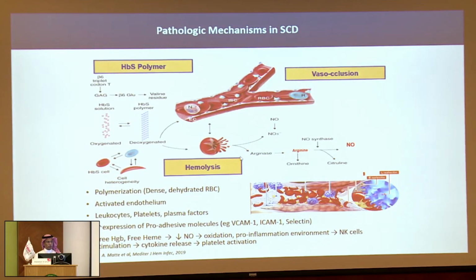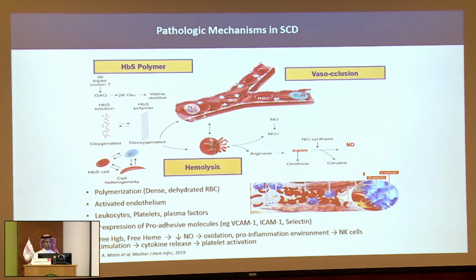As I mentioned, there's one amino acid substitution, so that under certain stresses the hemoglobin S becomes rigid when it forms polymers and leads to a rigid cell that clogs and obstructs the tiny vessels. Not only that, this is the initiation, but the red blood cells themselves are hemolyzed and release the heme and the hemoglobin that consumes the nitric oxide, which is important for the integrity and stability of the endothelium.